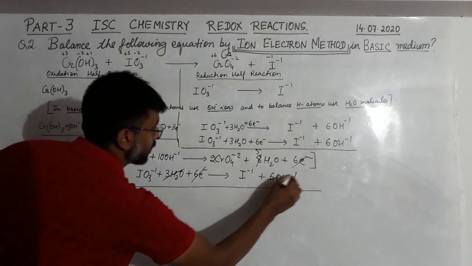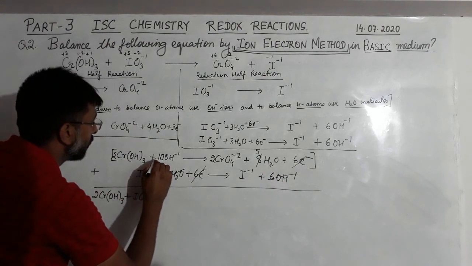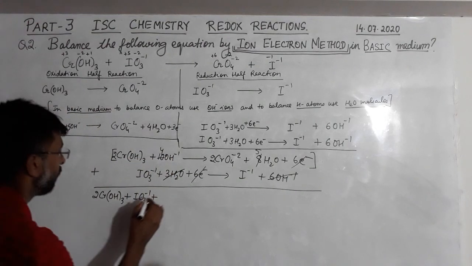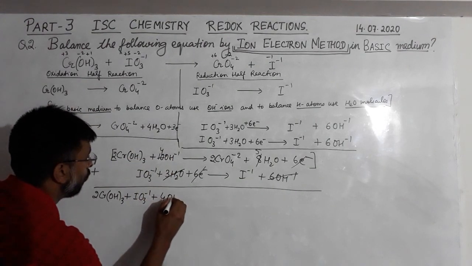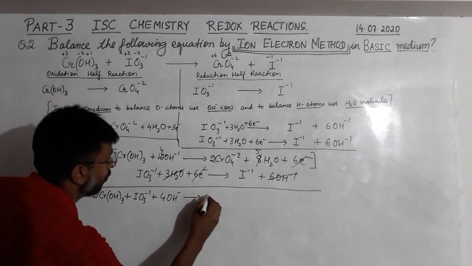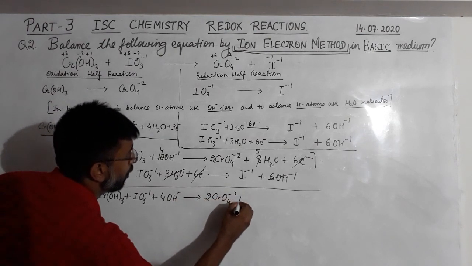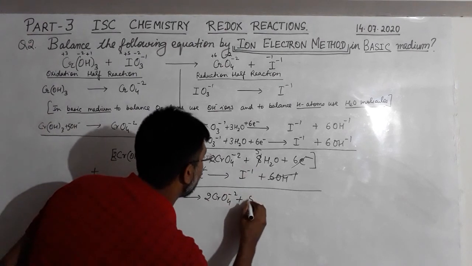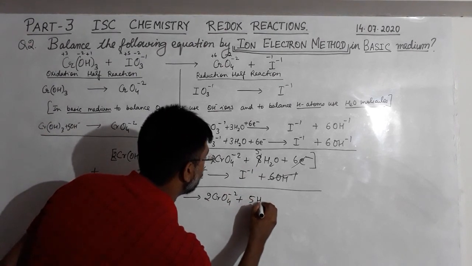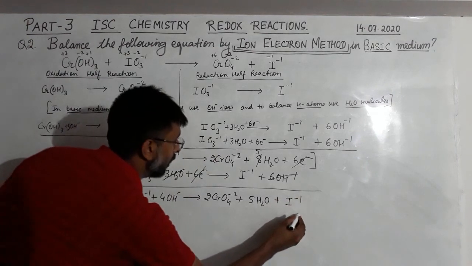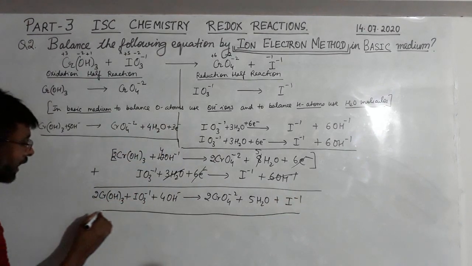The OH⁻ will make it 10 minus 6 is 4. So this is done. So after that I write 4OH⁻, arrow, 2CrO4²⁻ plus 5H2O plus I⁻. Now this is the balanced ionic equation.